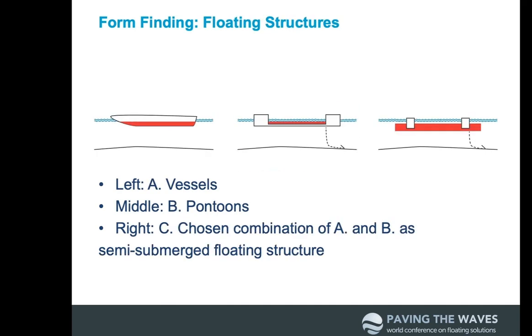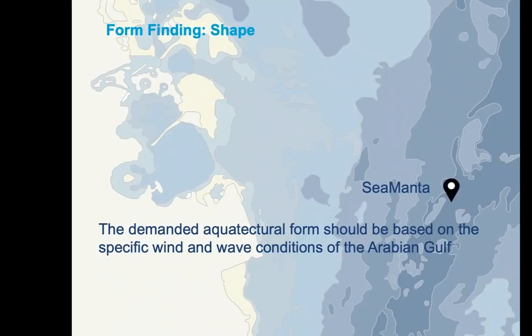And in terms of the question, what kind of structural typology should we take? There are, of course, vessels and pontoons as floating structures, and we were combining both into semi-submerged floating structures.